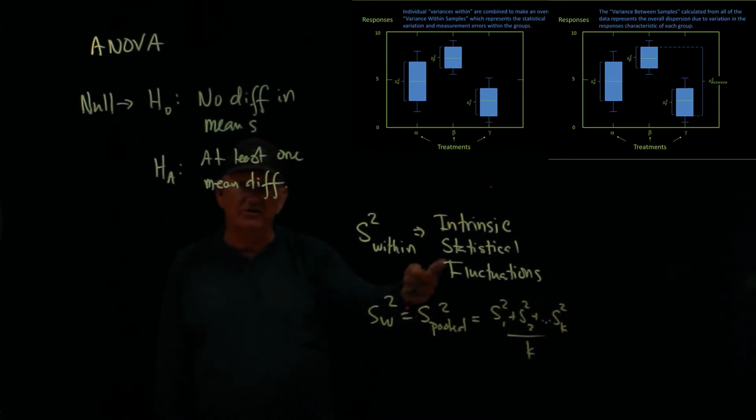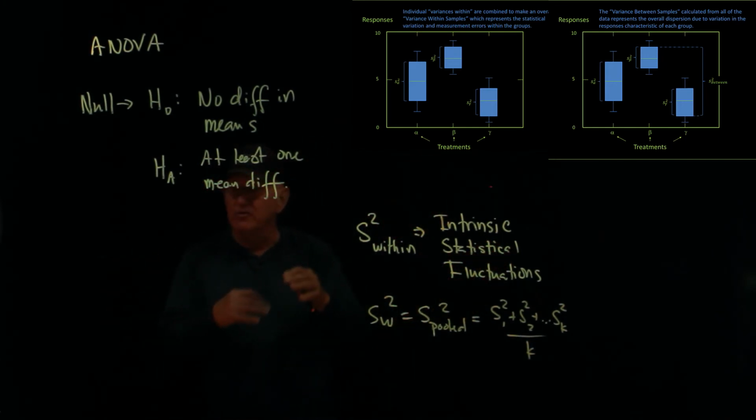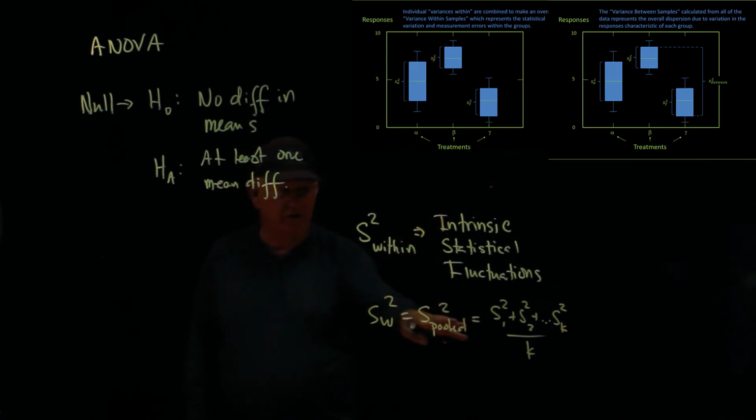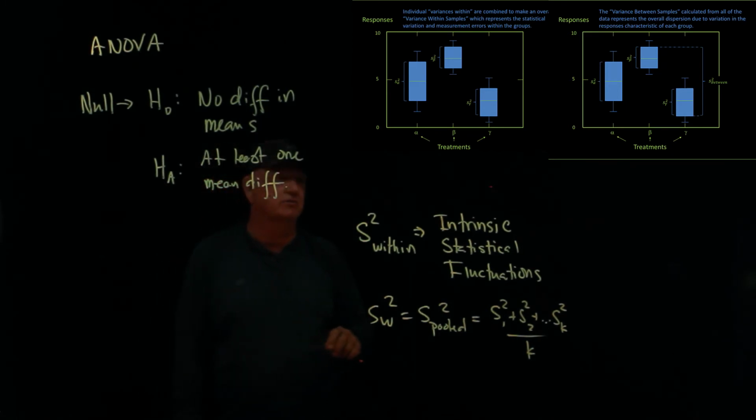It's the average of all the variances. So you would find the variance here, variance there, average them all, call that S squared pooled, and that is in fact the variance within, the first of the two variances that we're looking at.